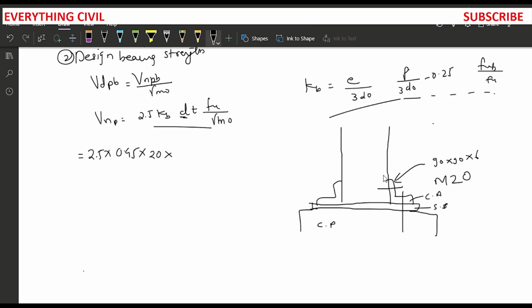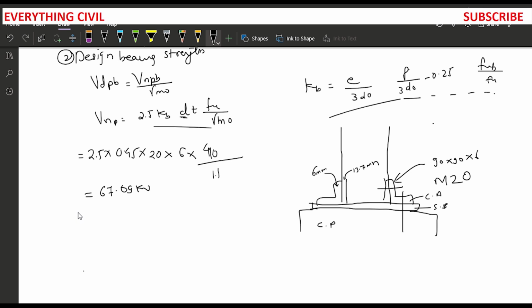In our case, the thickness of the flange was 13.7 mm, but our angle has a much thinner section, which is 6 mm, so I'll be using t as 6, into fu, the ultimate strength of the bolt, upon gamma mb, which is 1.1. After I solve this, I get 67.09 kilonewton.